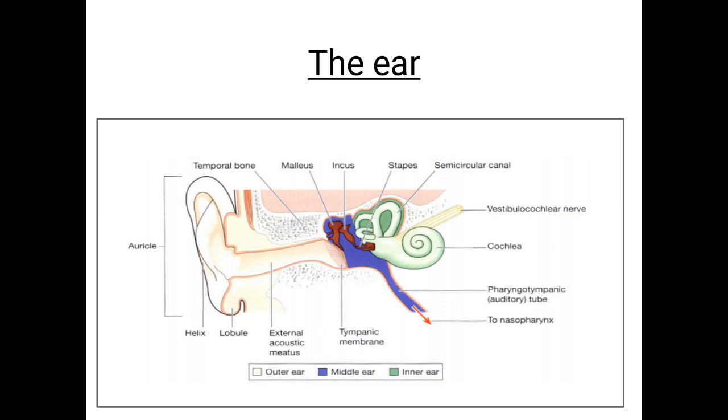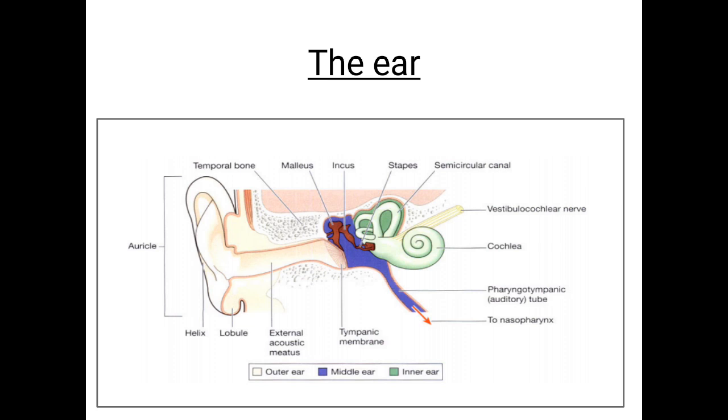Okay, and then when we go inside, just where we see the blue and red, that's where we have the middle ear. In the middle ear we've got the three oscous bones, which are the malleus, the incus, and the stapes. We have got the tympanic membrane, the cochlea, and the vestibulo-cochlear nerve.